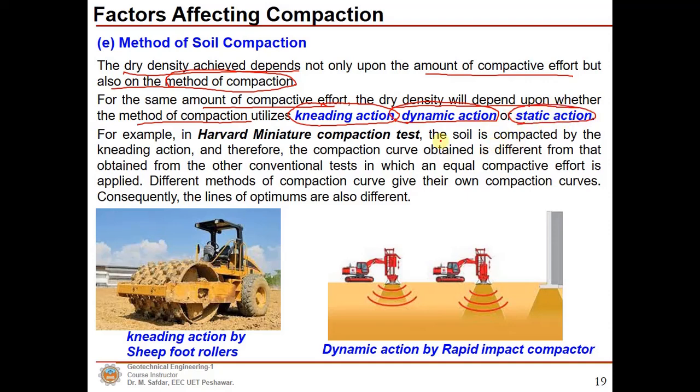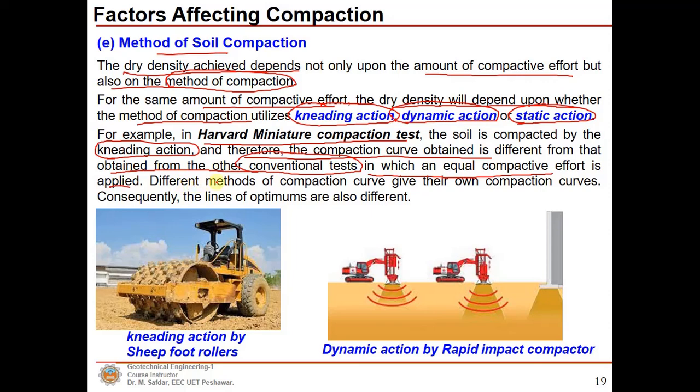There are various types of equipment used to compact the soil in the field, which will be discussed in part 2 of the lecture, but briefly explaining the method of compaction here, an example is given that in the Harvard miniature compaction test, the soil is compacted by the kneading action, and therefore the compaction curve obtained is different from that obtained from the other conventional tests such as the standard Proctor test or modified Proctor test, in which the equal compactive effort is applied.